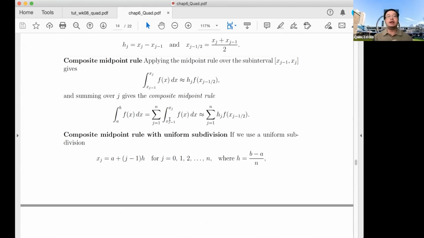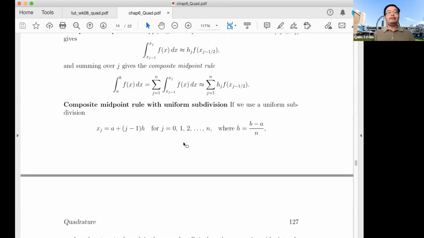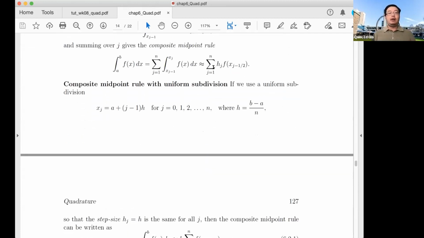given here. So this is the sum of the areas of the rectangles. You take the width to be h_j and the height to be f of the midpoints.